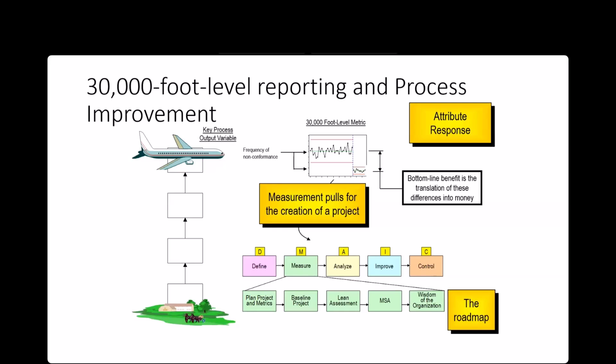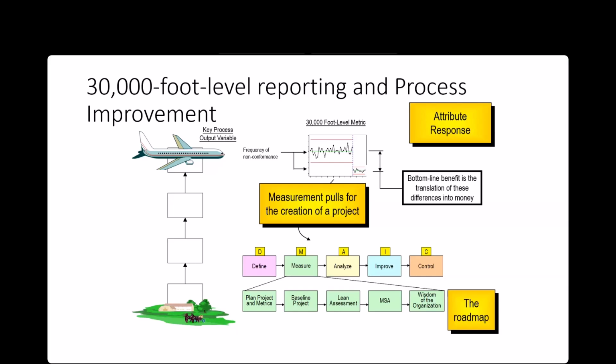Now, when you do this, you can have a 30,000 foot level metric, which could look like an individuals chart, the one shown on the left. And then if we don't like the answer, we want to improve it, then we can go in and use a Lean Six Sigma DMAIC or another process for that matter. So then you follow this particular roadmap and say you came up with some things that you believe improved it and you implemented those.